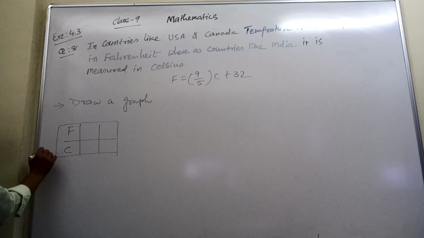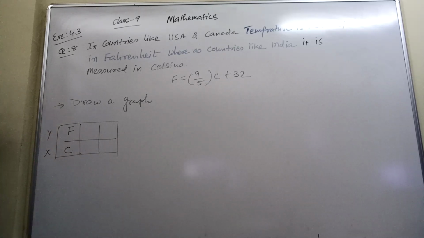So this stands for x and this stands for y. Now we will take a random value either for F, meaning Fahrenheit, or a random value for Celsius.